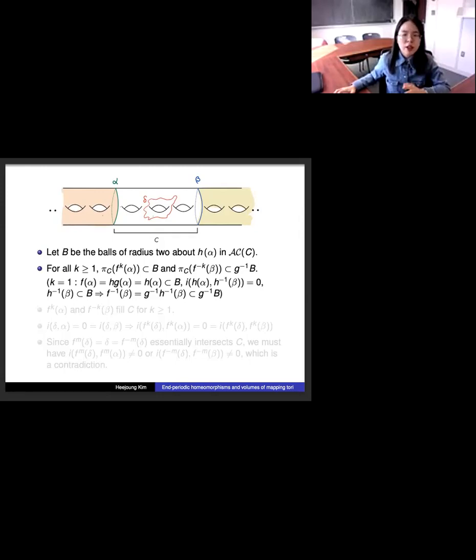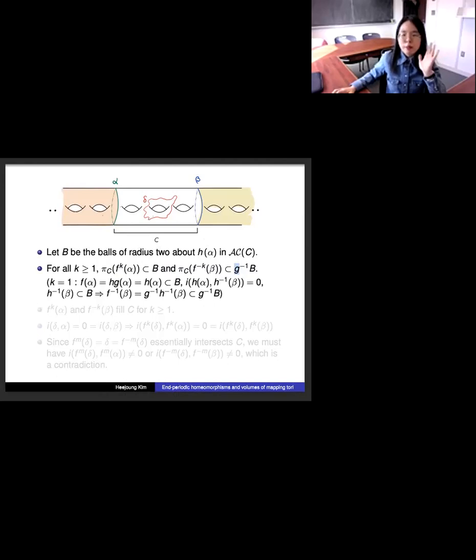So it turns out that the projection of F to the k alpha is contained in B, the ball of radius 2 about H alpha, and the surface projection of F to the minus k is contained in G inverse B, where G is the pseudo-Anosov element supported by C.